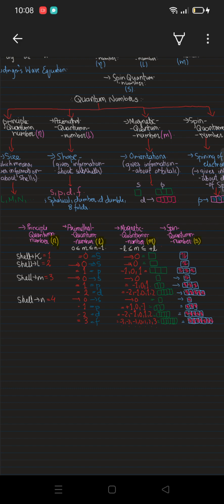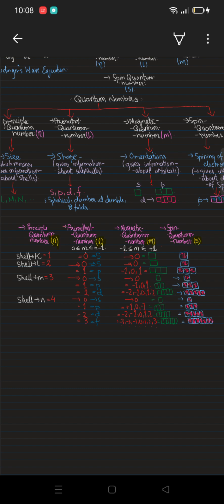Afterwards, we discussed the magnetic quantum number, which tells us about the orientations made in the subshells. You can take a shell as a superset, the azimuthal quantum number is a subset of the principal quantum number, and the magnetic quantum number is a subset of the azimuthal quantum number. The magnetic quantum number tells us how many orientations there are.